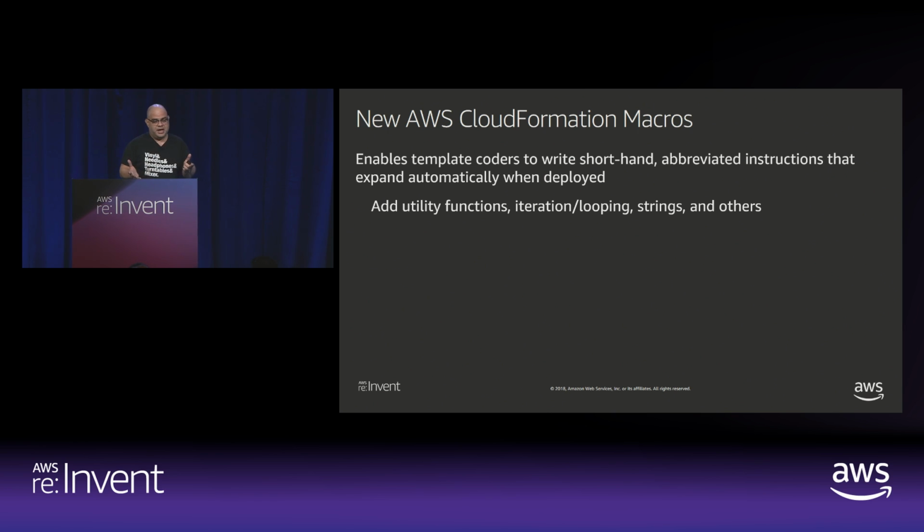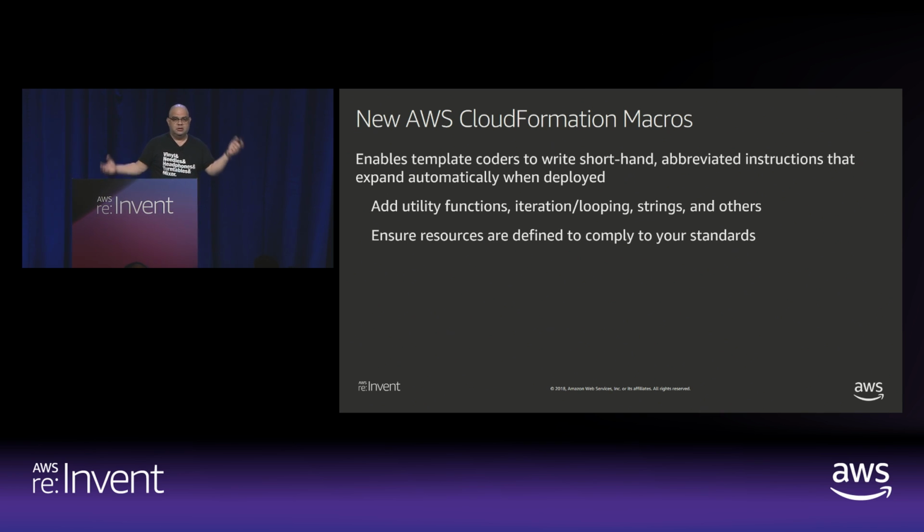So here's the idea behind macros. We want to enable developers to write shorthand abbreviated instructions that expand automatically when deployed. What that means is that now you can take standard CloudFormation YAML language and add utility functions such as iteration and looping, string manipulation, math functions, external commands, and other things.